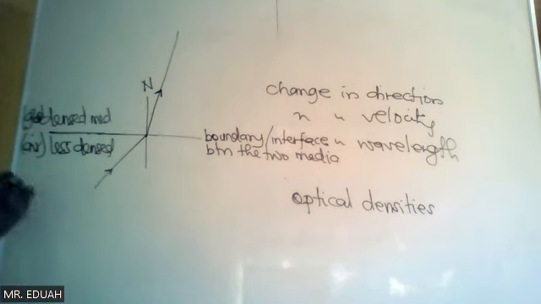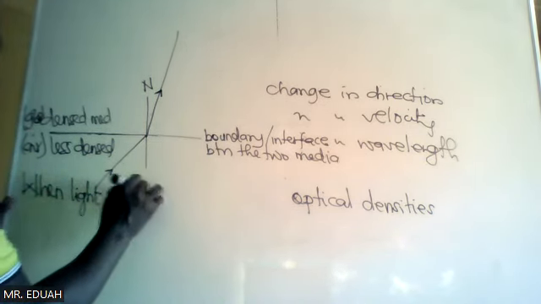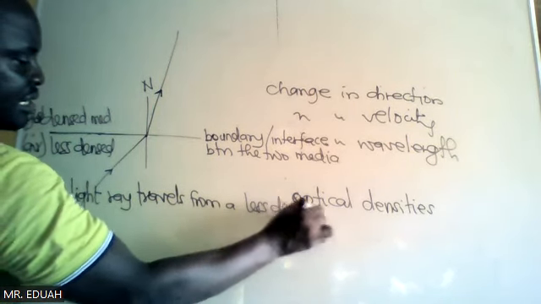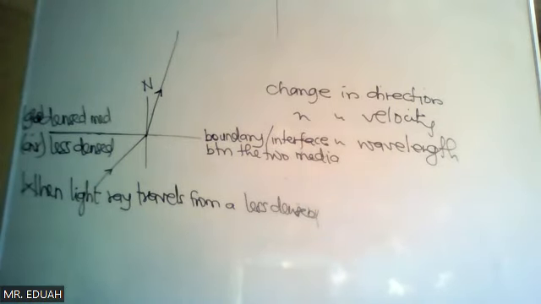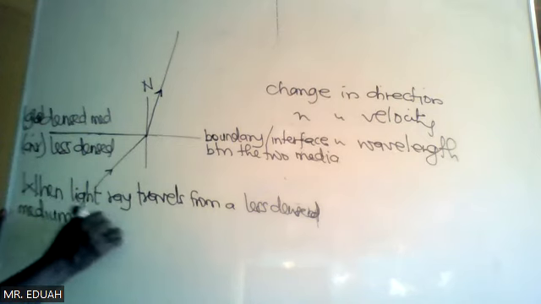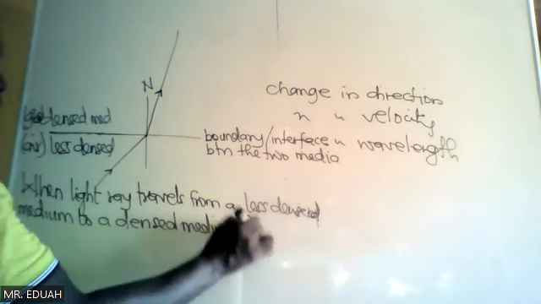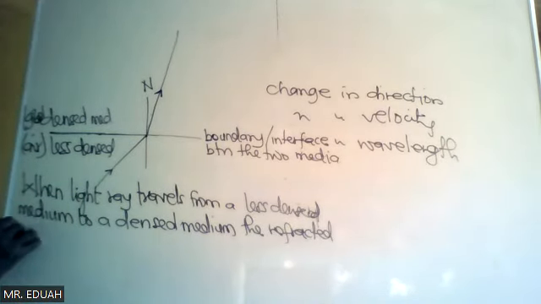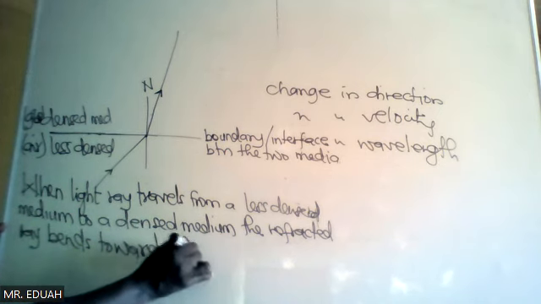So when a light ray travels from a less dense medium to a dense medium, the refracted ray bends towards the normal.